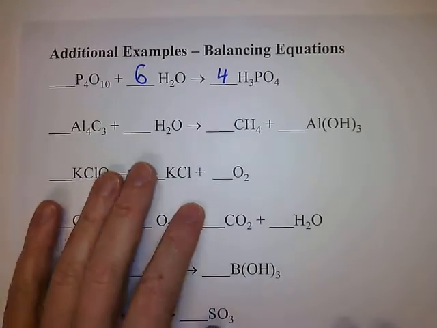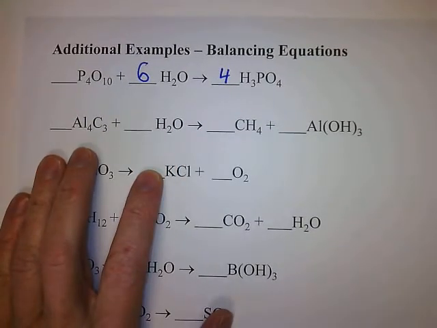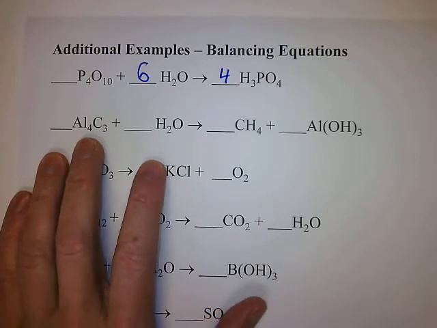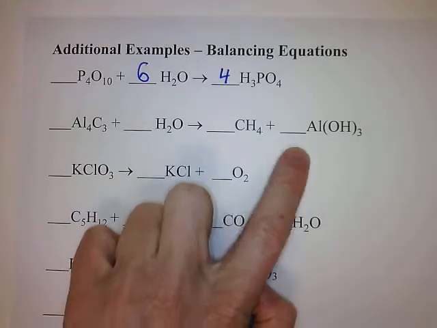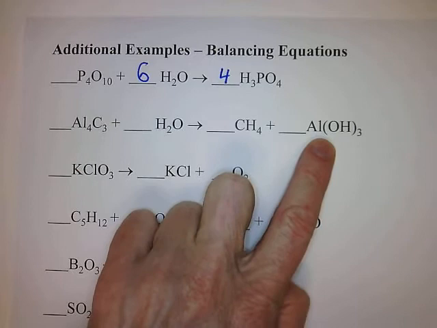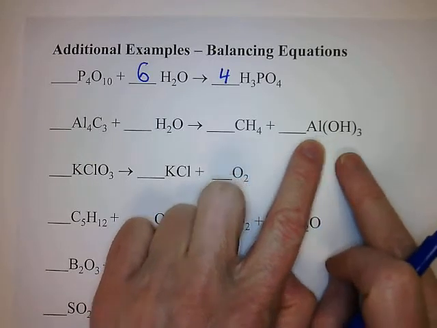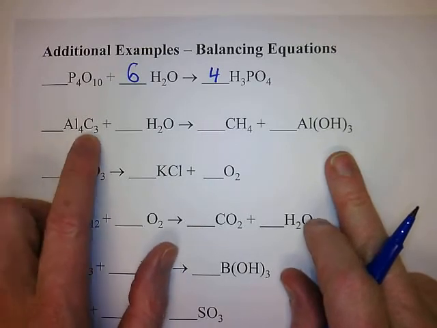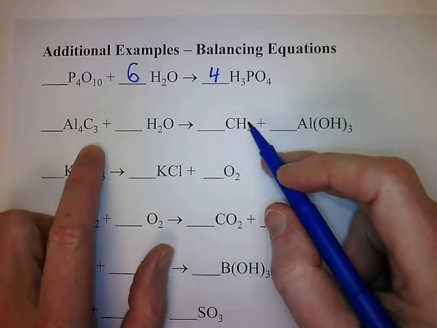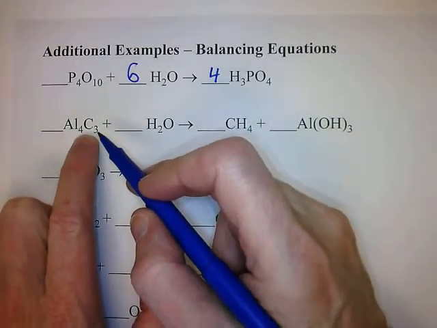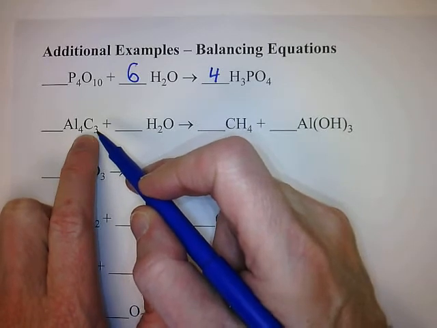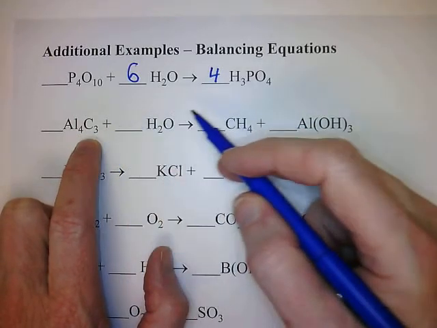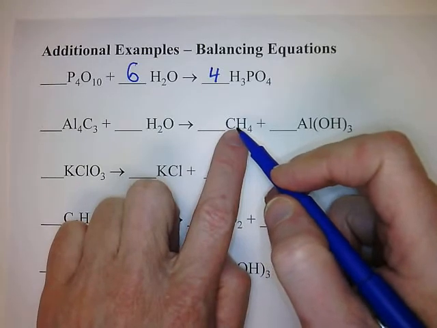All right, let's look at the next one. The reaction of aluminum carbide with water to make methane and aluminum hydroxide. I'd start with the methane, CH4. We have 3 carbon atoms in Al4C3, but only 1 carbon atom in CH4.